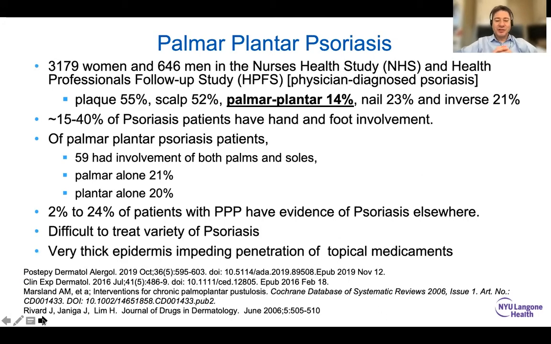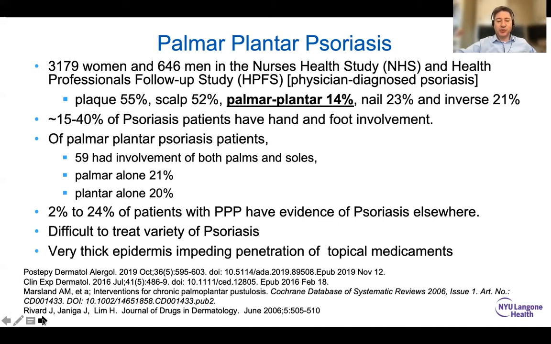And so if we look at just palmoplantar psoriasis patients, up to a quarter of them may have psoriasis elsewhere. So this can be a very confusing conversation because you really have to decide, is this a psoriasis patient that has palmoplantar involvement, or is this primarily a palmoplantar psoriasis patient that might have some scattered involvement elsewhere? It may influence how you ultimately treat this patient.